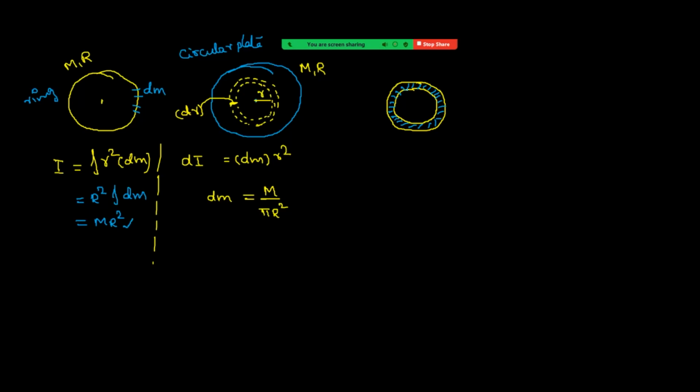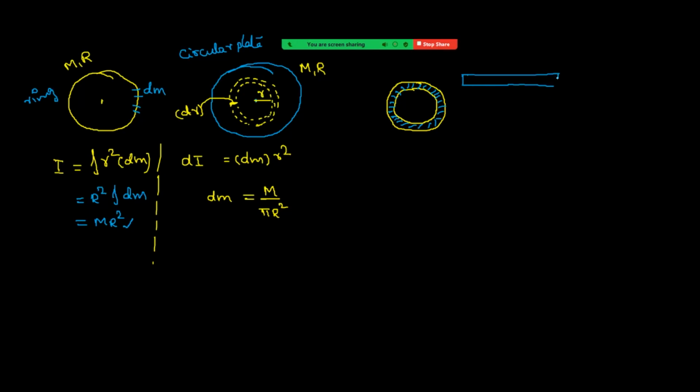When you are taking a ring, for its mass we have to focus only on the mass of this part. So for this part, what is the area? We can take it like this. If you cut this one, see what we get. So we get a rectangle, right?